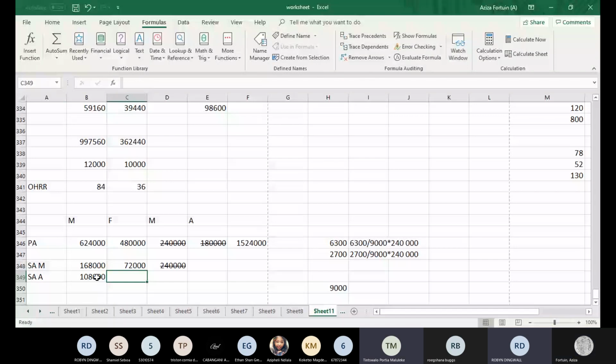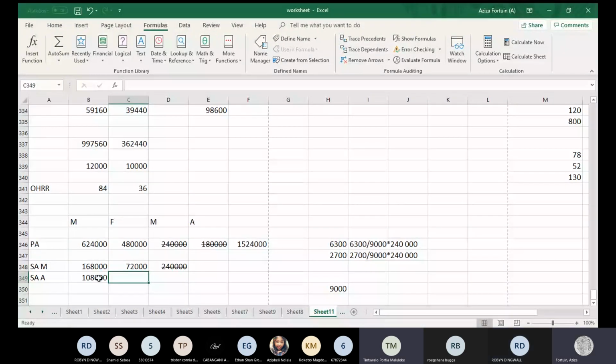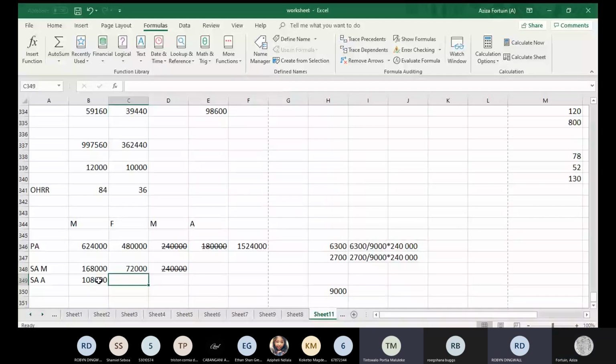I first wanted to check if I did the right thing with this one. $72,000. You could have just said 180 minus 108. You'd also get the answer, quicker for time.